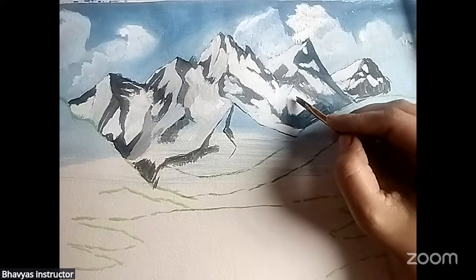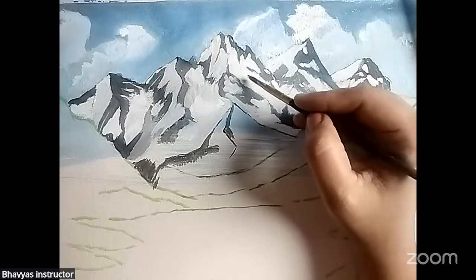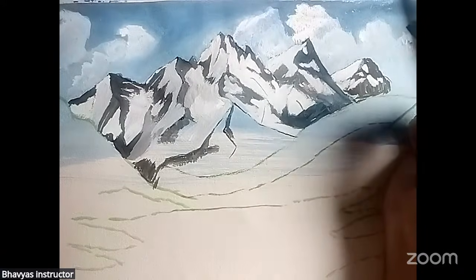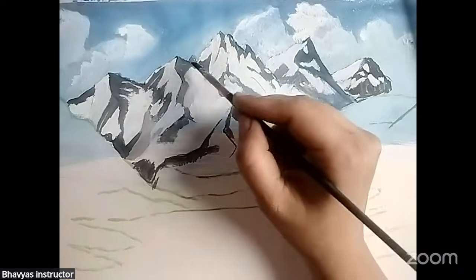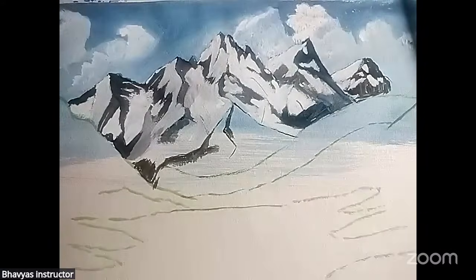Okay, and on some part of the whites, the snow part, just add a little bit of lines with a darker value. So it will start adding depth to the painting.